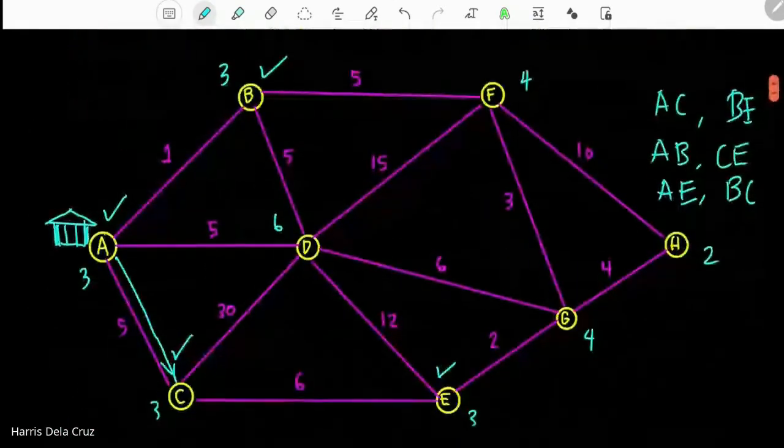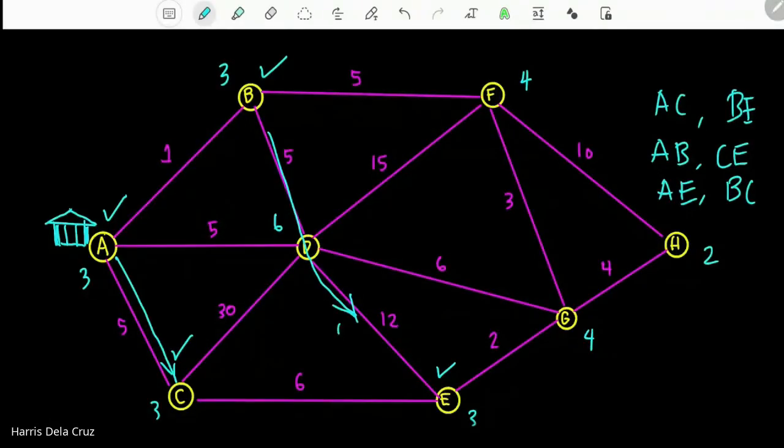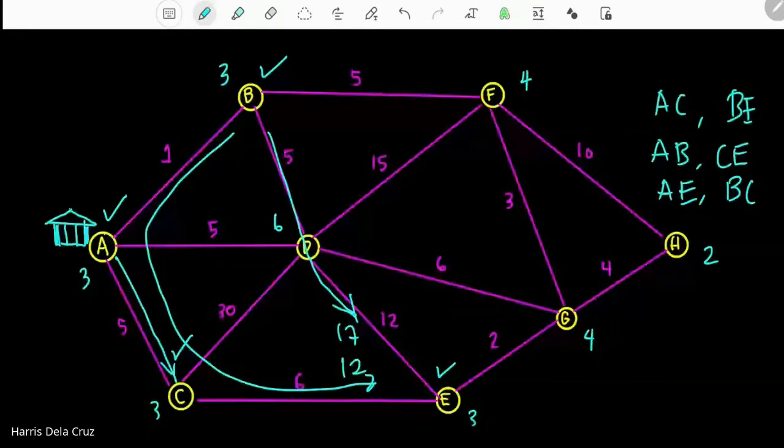For B to E, we can see that there are numerous possible paths we can take. We can take this path and that gives us a length of 17. We can also take this path and that will give us 1 plus 5 plus 6, a length of 12, which is shorter than the first path that we found.